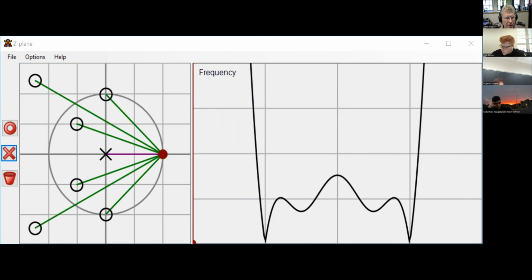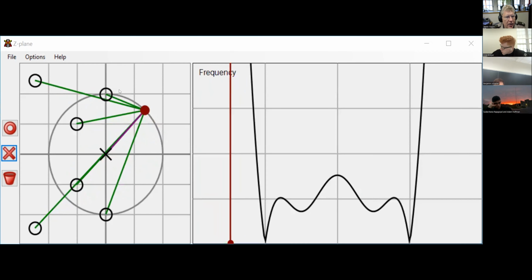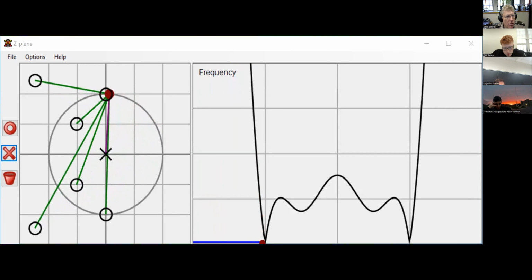As we sweep, the magnitude goes down because this line is getting smaller and smaller. Eventually, when we're right on top of that zero, we're multiplying the numerator by zero, so the output has to be zero.